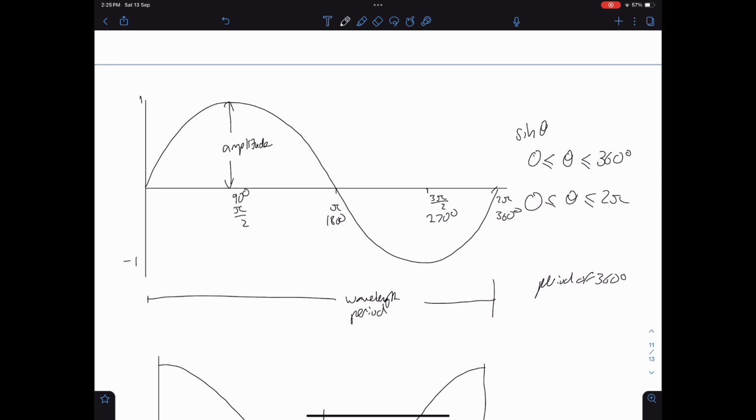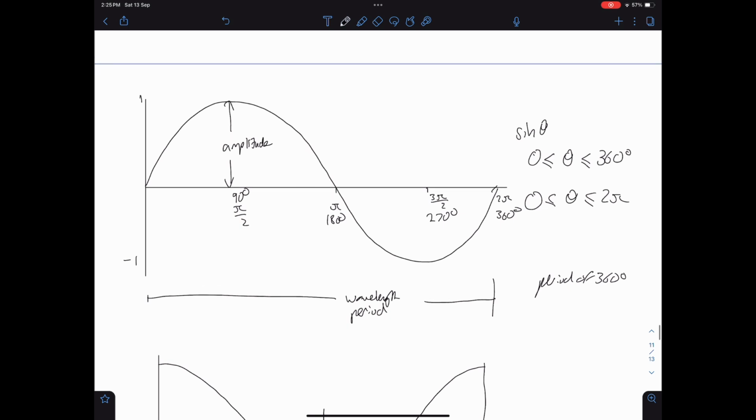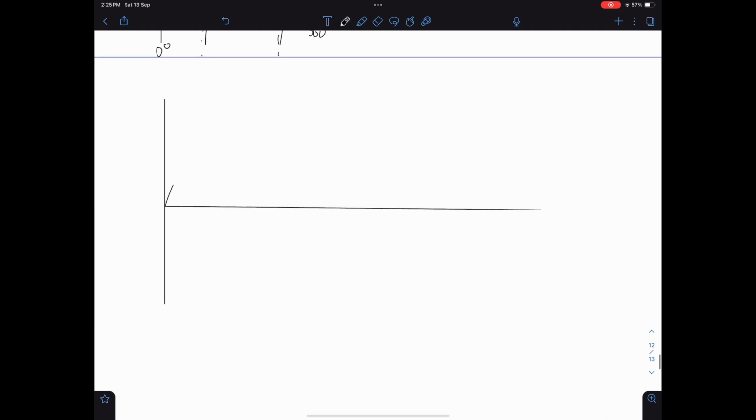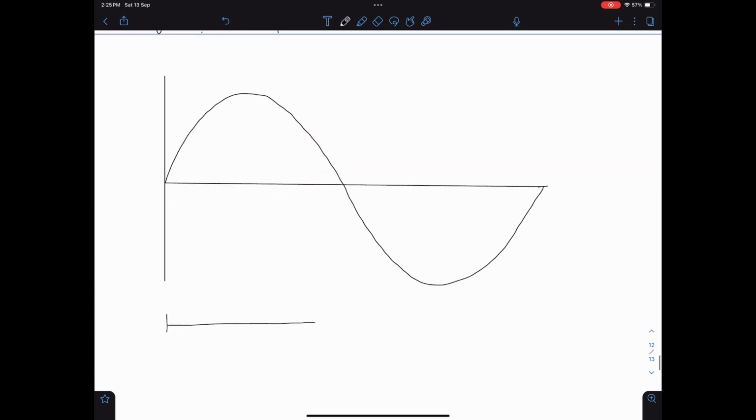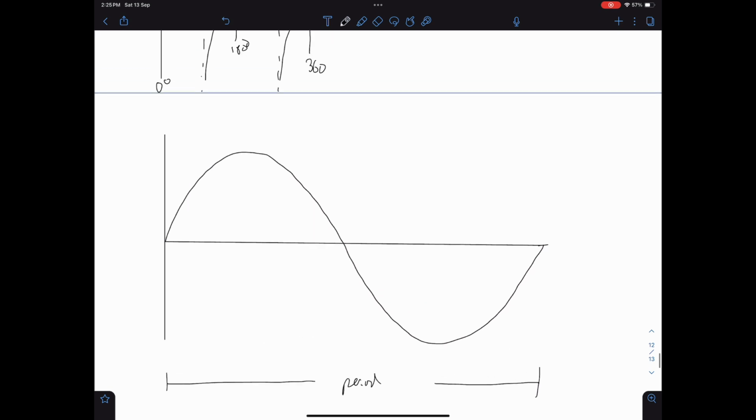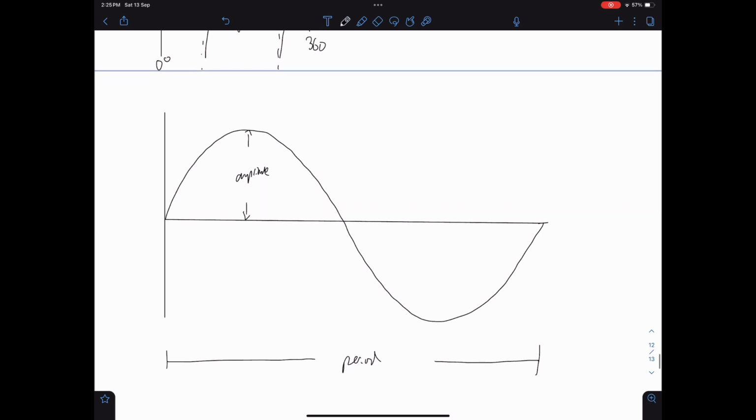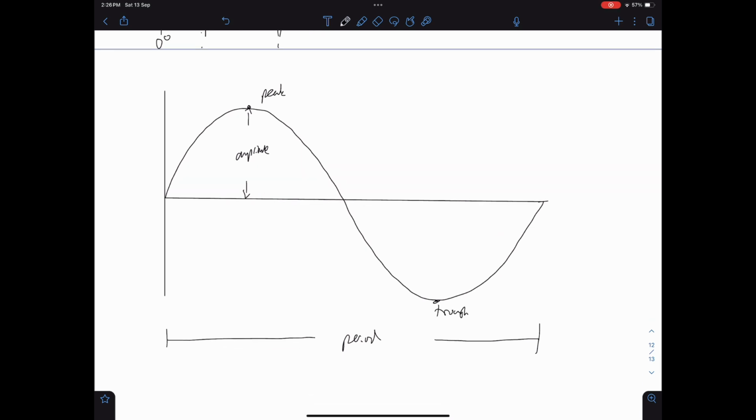So let's think about the sine one, and think about this period, this amplitude, and by the way, these are called peaks and troughs, a peak and a trough. And think about what we can do with these to transform them.